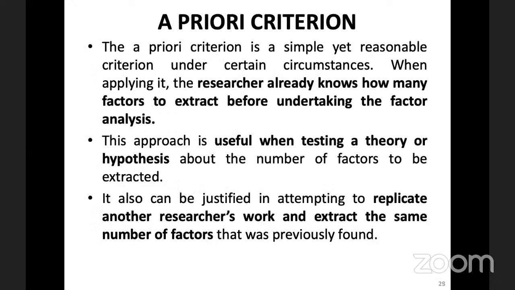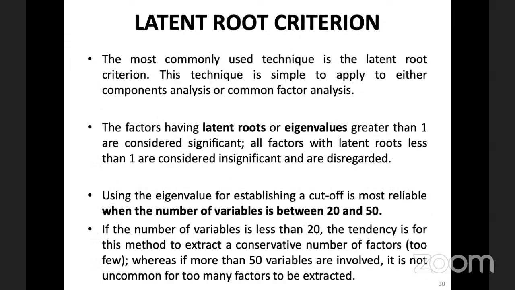So you can decide which method you need to use for extracting the factors. In the a priori method, you already know from the research or prior readings that these many factors are sufficient for such types of studies. You can decide that these many factors will be used.